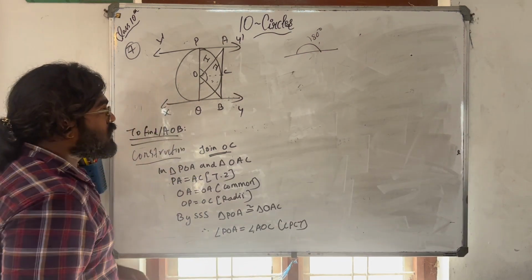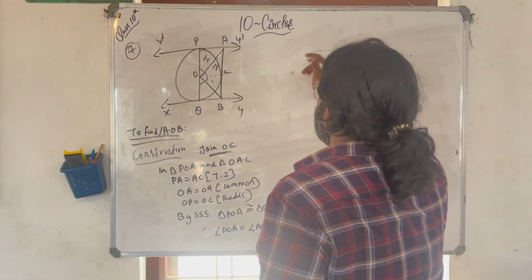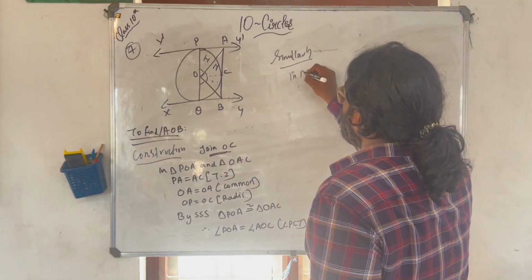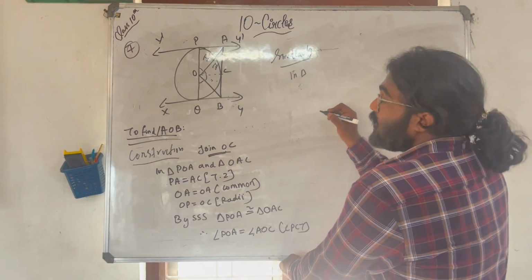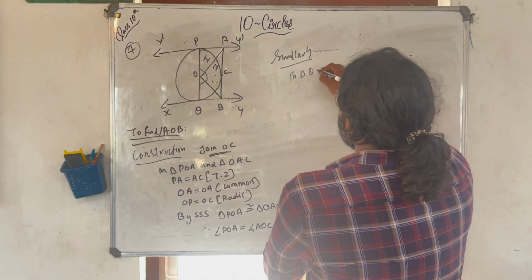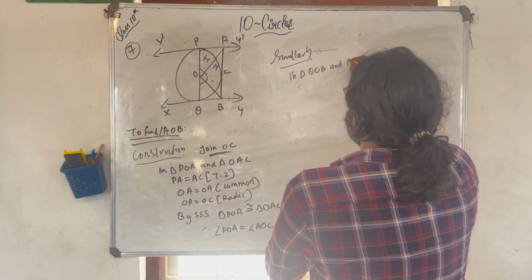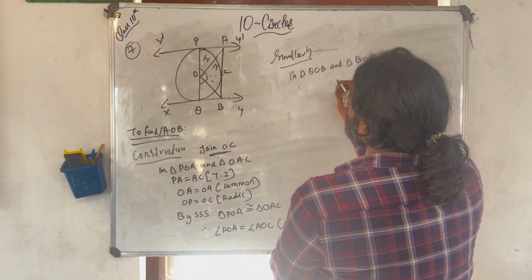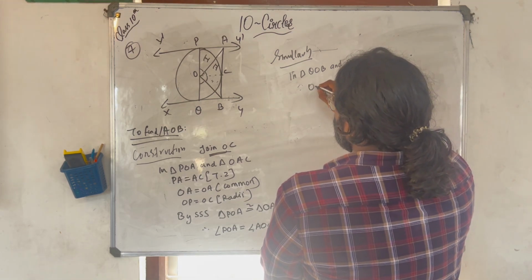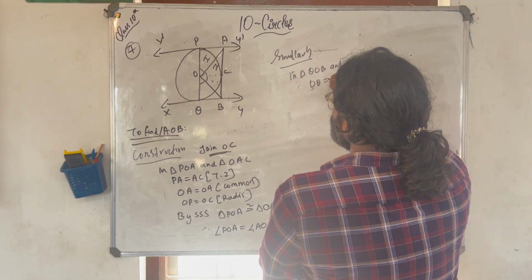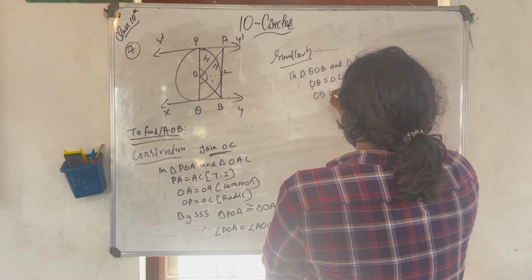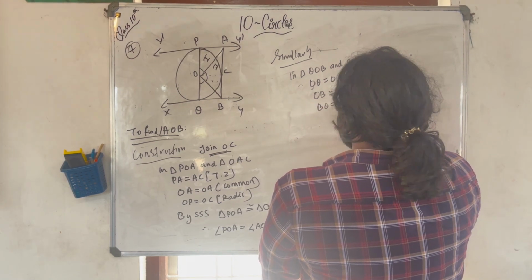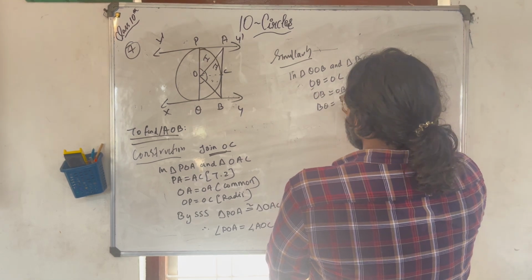CPCT. So similarly, I can write in triangle, see, dear students, I hope you can see, in triangle QOB and triangle BOC, the same thing goes. OQ is equal to OC, OB is equal to OB, and BQ is equal to BC.